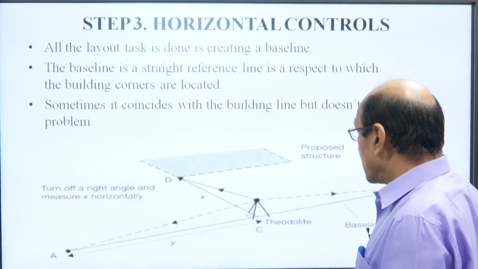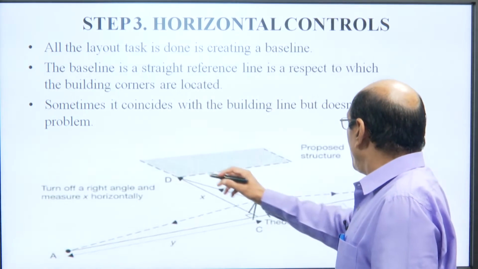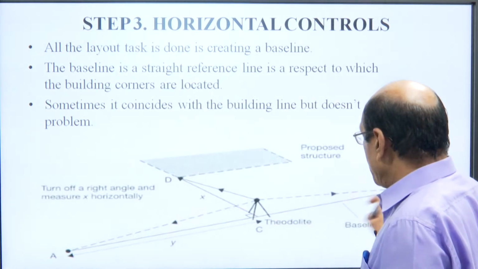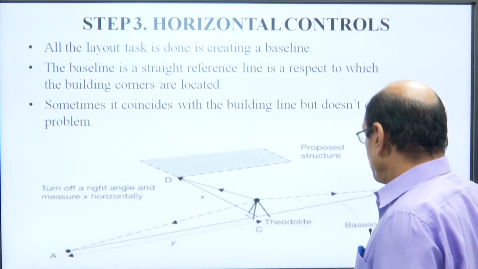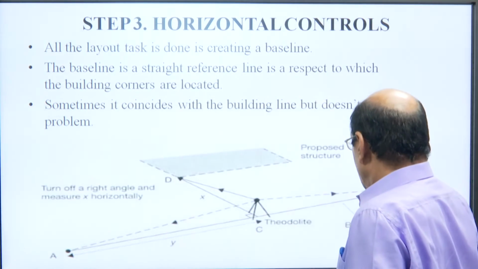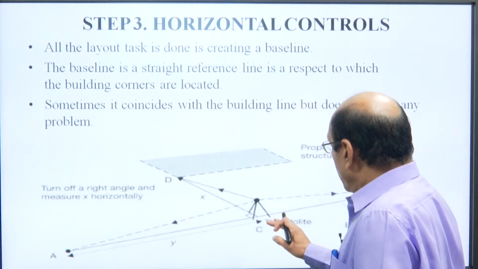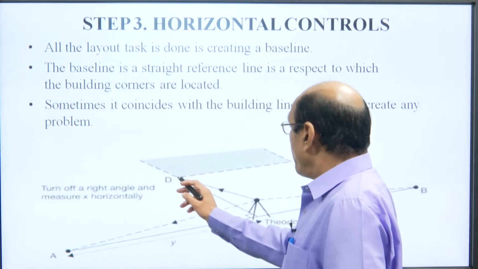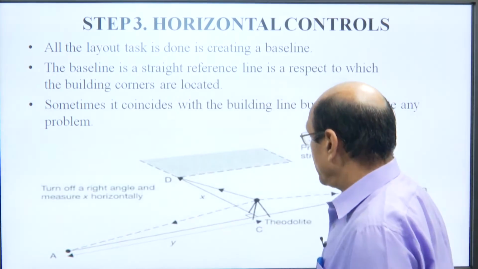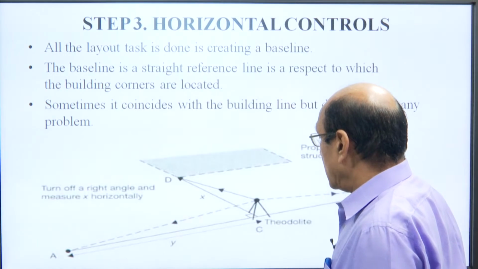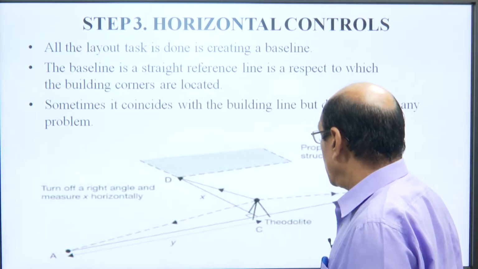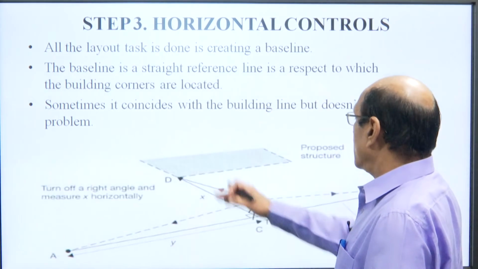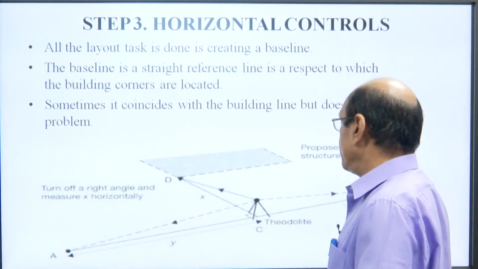We can see here, this is the proposed structure site, this is A and B, this is the baseline, and here is the third line. So, by the third line we can mark the position of D, and it is marked horizontally on the line.